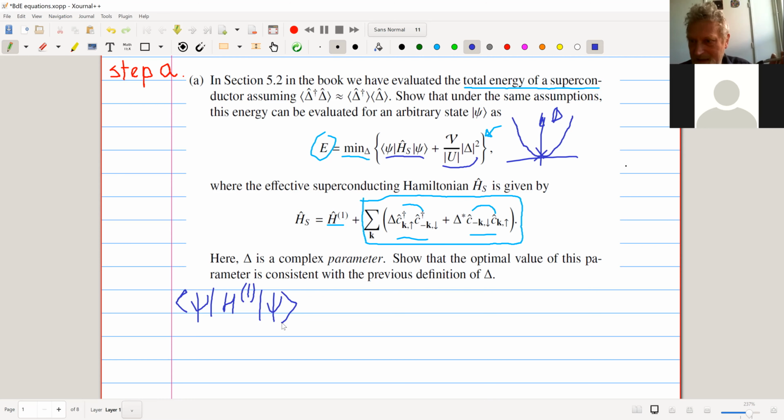It does not play any role in our minimization procedure. It is actually the average kinetic energy of the superconductor. We have evaluated it, we know the answer. In addition to this, there is a term coming from this.